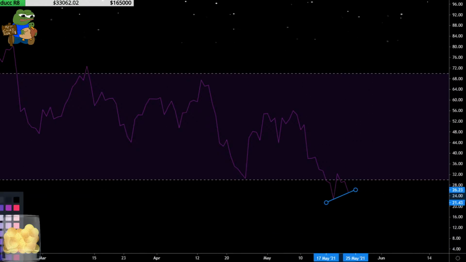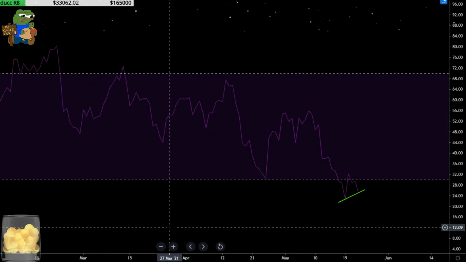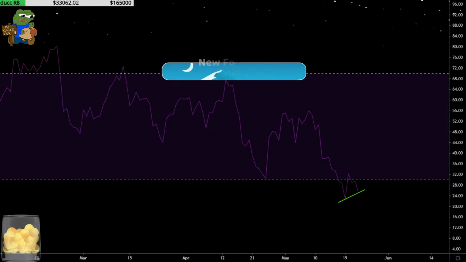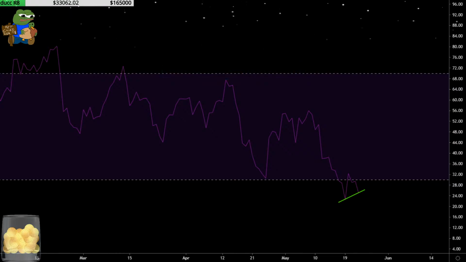We do not yet have it on the MACD, but basically you have weekly hidden bullish divergence on the MACD and the RSI. You then have daily bullish divergence on the RSI.